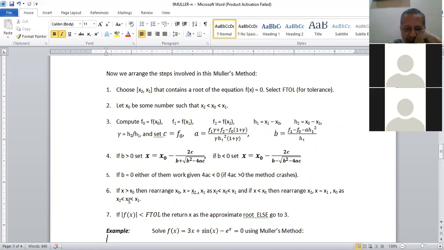Now these x2 x0 x1 are not the original but the adjusted.